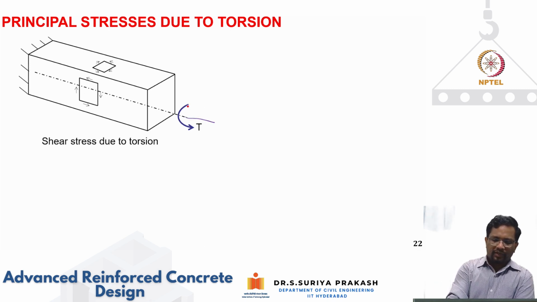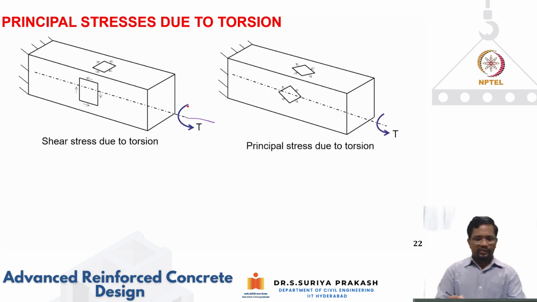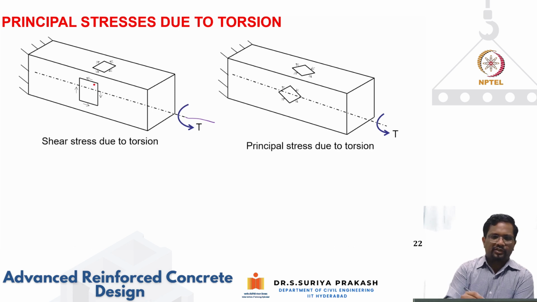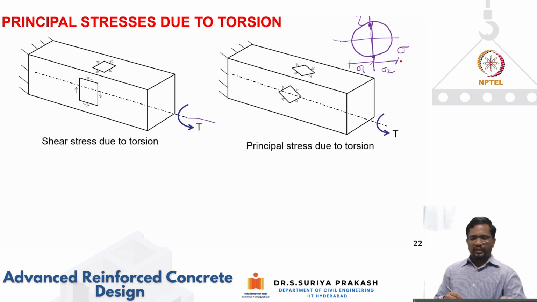If I convert them into an equivalent principal stress, we know the stress state is pure shear, and for pure shear you know how the Mohr circle looks. With tau and sigma axes, you have no normal stresses, so the circle is centered at the origin, and you have equal principal compression and tension. From strength of materials, sigma 1 and sigma 2 will be equal. So torsion creates pure shear stress, no normal stress, in each element.